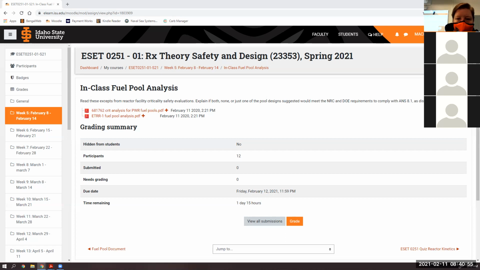Okay, here in the conclusions on page 8, the last one, it talks about ETRR-1 having been performed in normal conditions and some postulated accidents. So wouldn't that be emergency procedure? Yeah, emergency procedures, because they've gone through what could happen in accidents and they've approved procedures to prevent it.